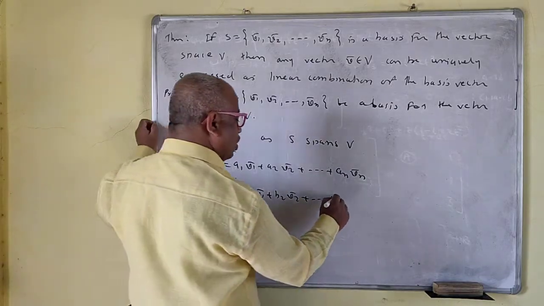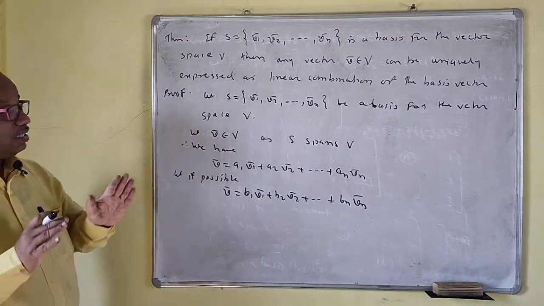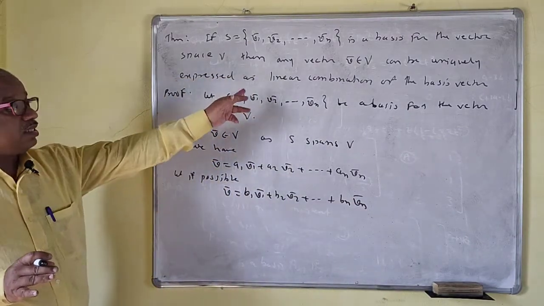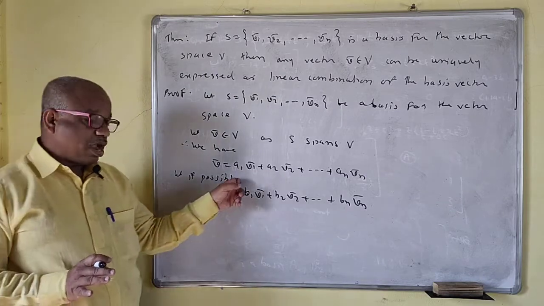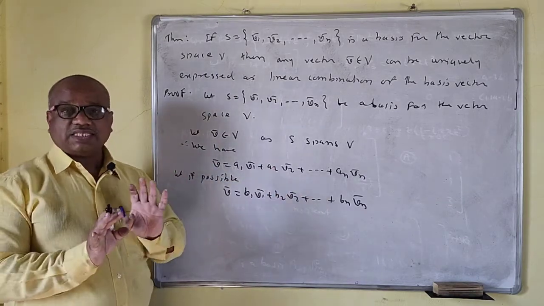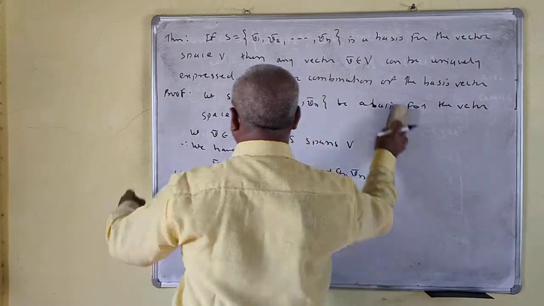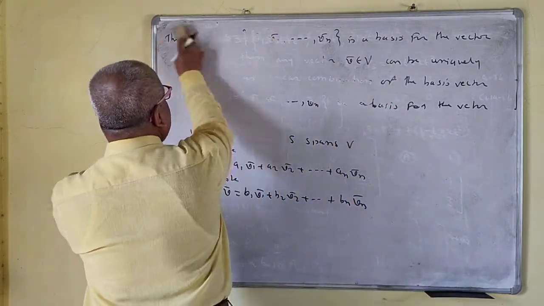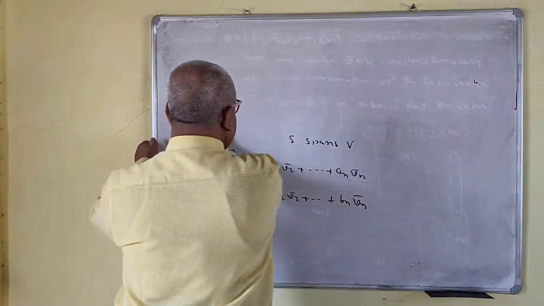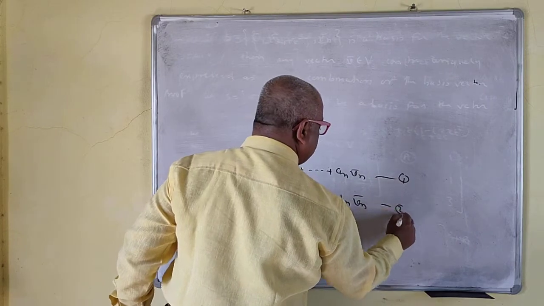What we want to prove is that this is expressed uniquely. That means we have to prove A1 is the same as B1, A2 is the same as B2, ..., An is the same as Bn. So we call this 1 and we call this 2.